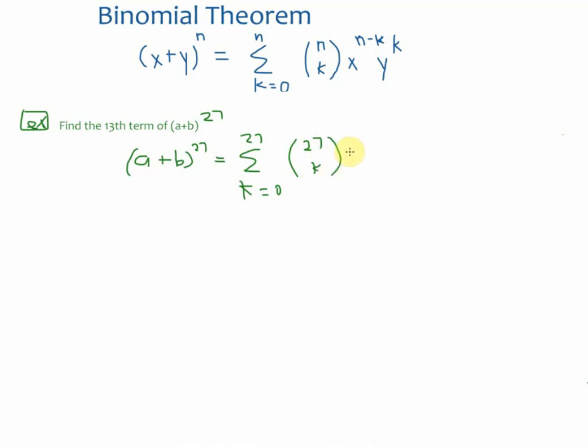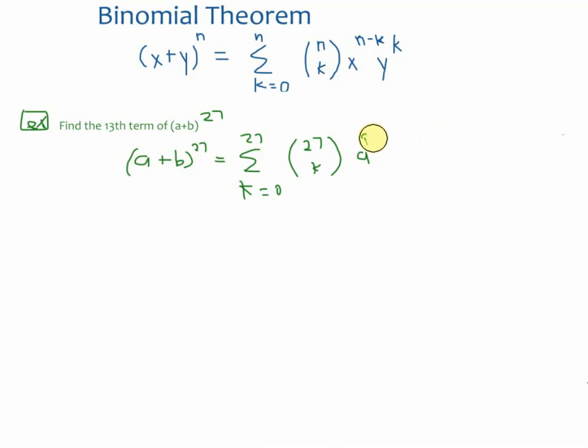And then I have x. Well, x is going to be whatever in this first place. So a to the n minus k. Oh, and n is 27. Replace all the n's. So I have 27 minus k. My mouse is starting to die, sorry.